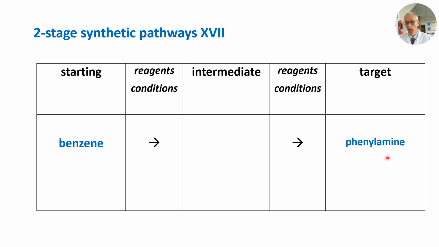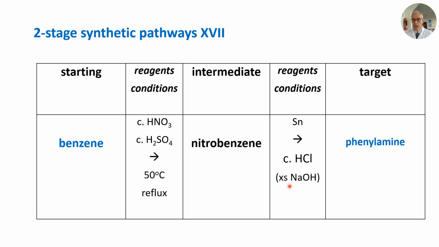All right, so I am about to reveal. So phenylamine must come from nitrobenzene, so going from the target backwards, that conversion from nitrobenzene to phenylamine is tin, concentrated hydrochloric acid, followed by excess sodium hydroxide.